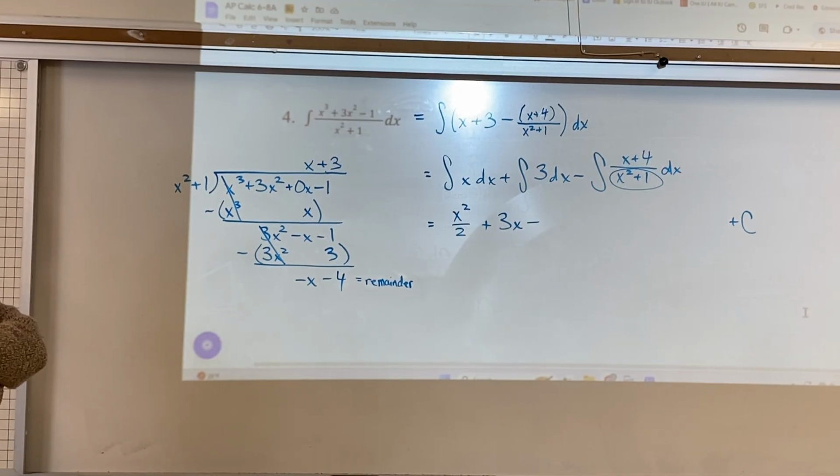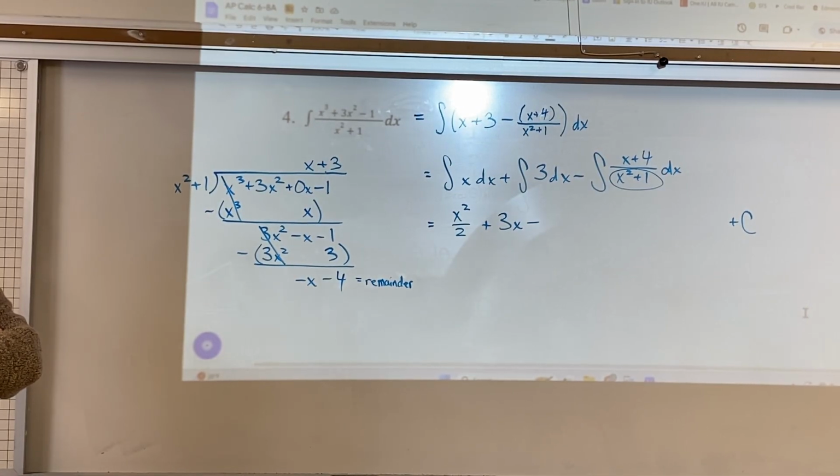x squared plus 1. That looks like a trig identity. Do you like trig identity? How are you with a u substitution? You can separate the fractions.